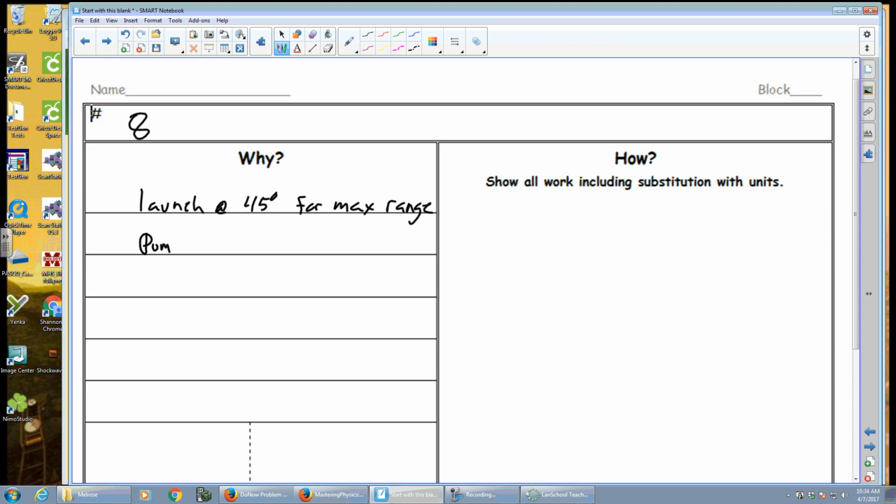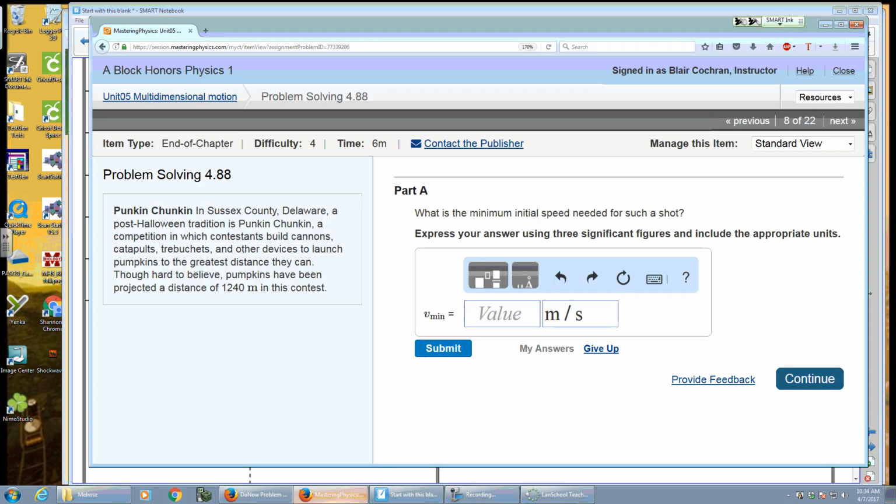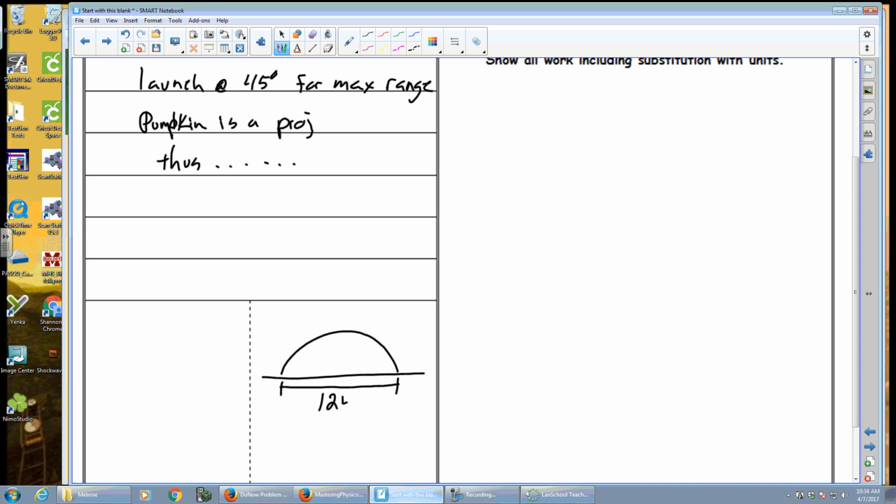Pumpkin is a projectile, thus I'm going to include 2 diagrams. One, that's 1240. And I'm also going to include that initial velocity and break it into components.